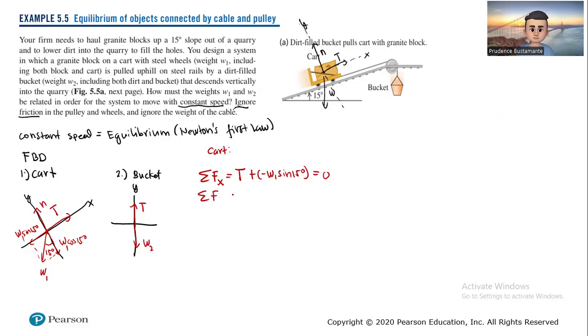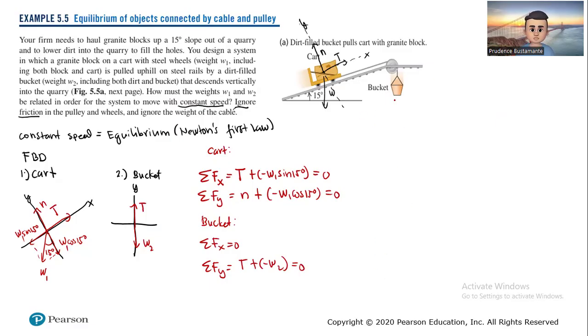Summation of F along y, we have the normal force plus the negative weight 1 cosine of 15 degrees is equal to 0. For the bucket, we have the summation of all the forces along y is equal to the tension plus negative weight 2 is equal to 0.